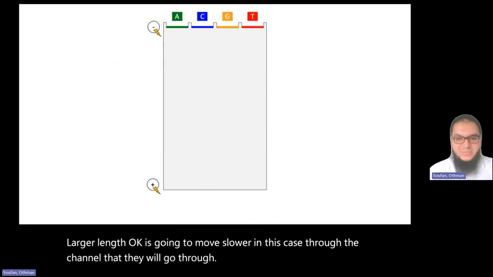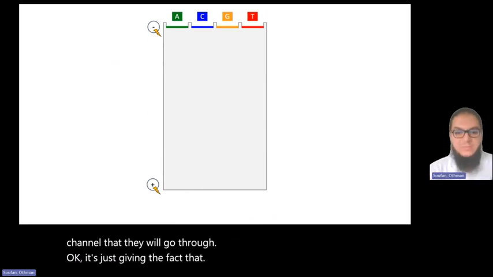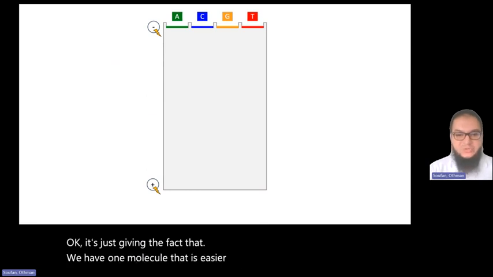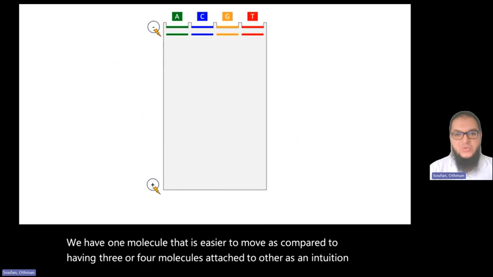It's just given the fact that we have one molecule that is easier to move as compared to having 3 or 4 molecules attached to each other, as an intuition.